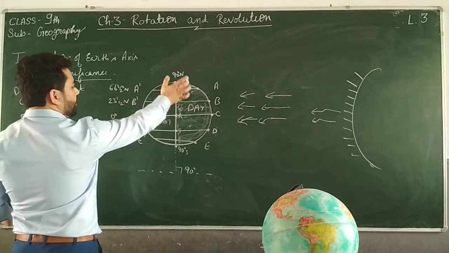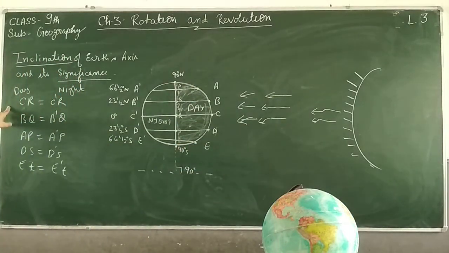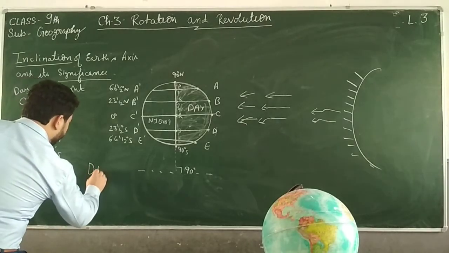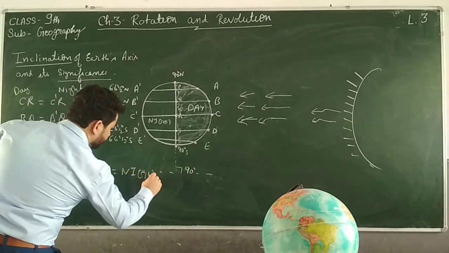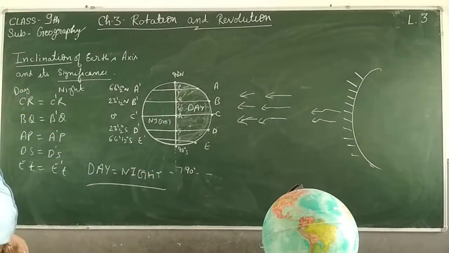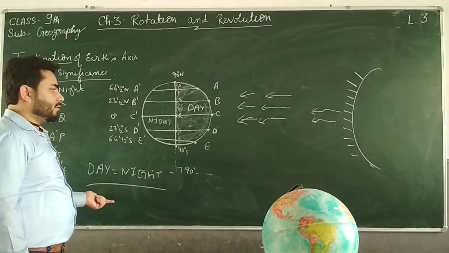As you can see here, the length of day and night is equal. So now what is happening? What will be its effect? Day and night are equal. The length of day and night are equal. So it means the places will receive the same amount of temperature, right?